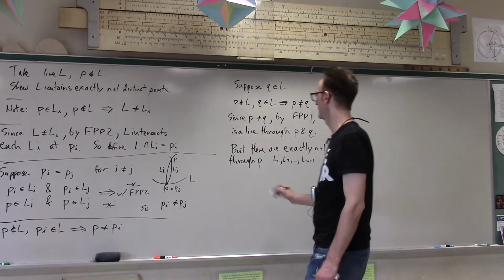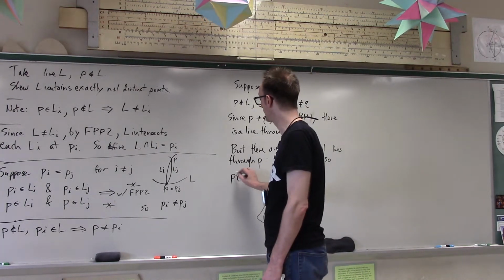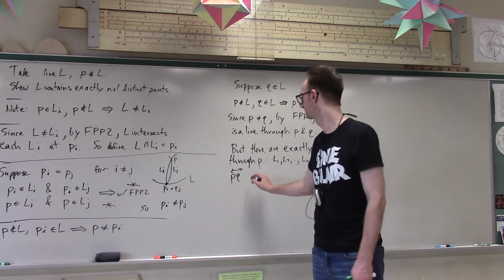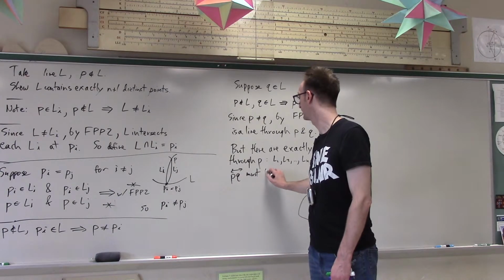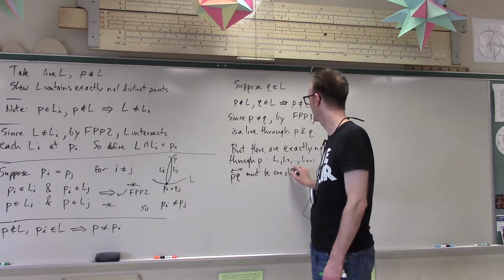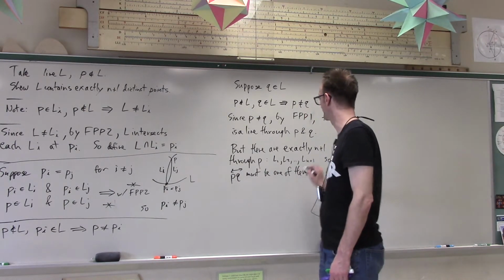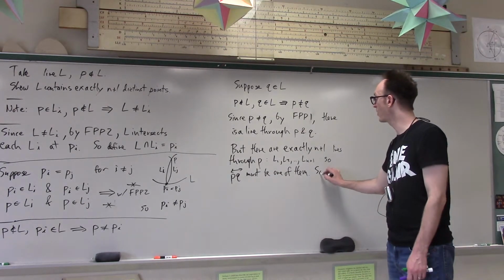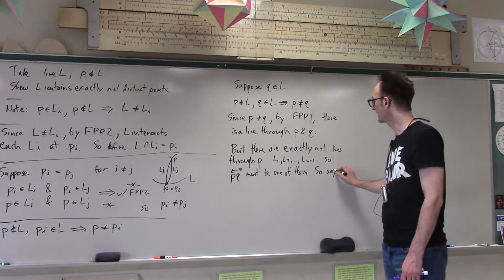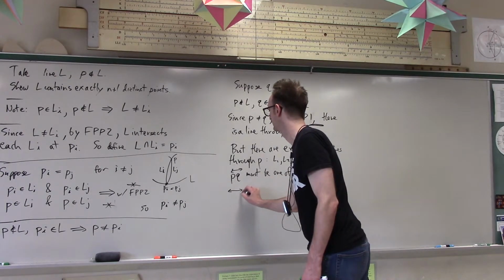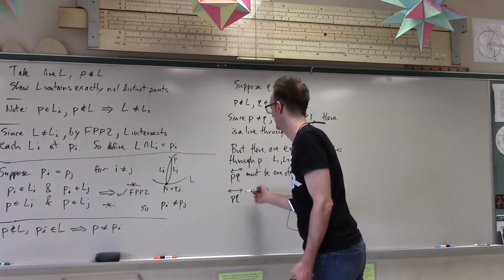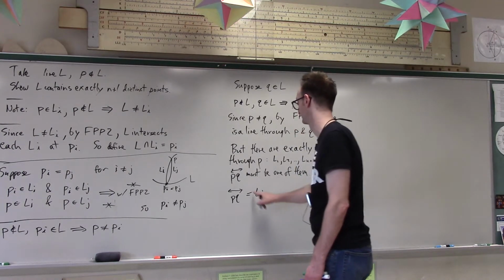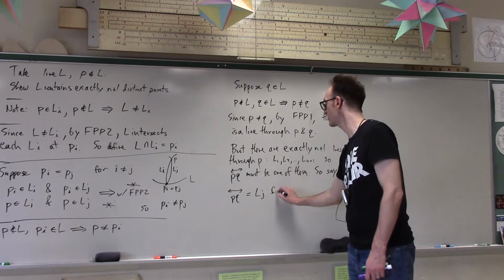So line PQ must be one of them, right? Are you guys with me? Yes, it must be one of them. So say line PQ is L sub j, for some j.